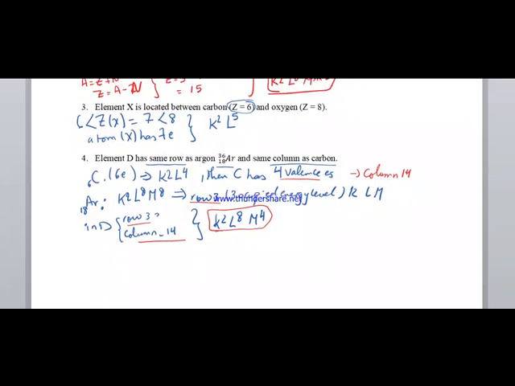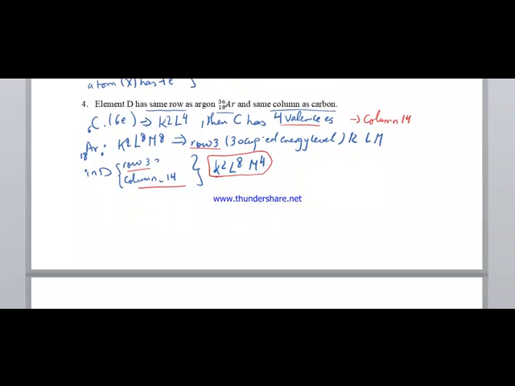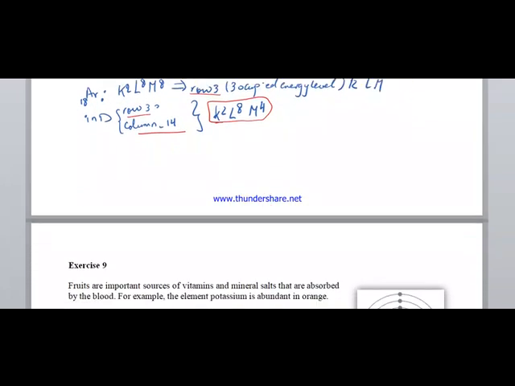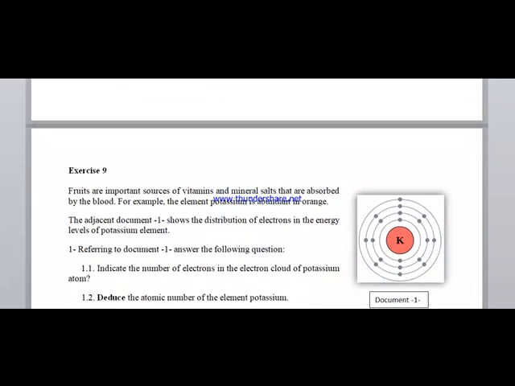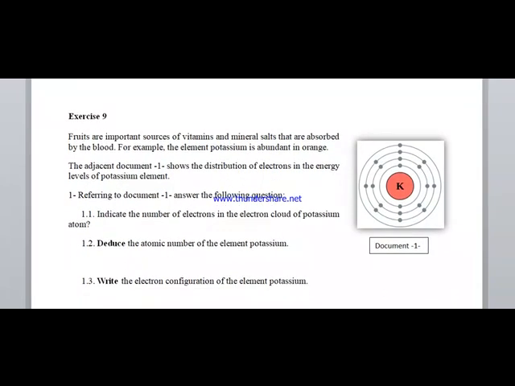We continue to another exercise. Exercise 9, talking about some elements in fruits. The adjacent document 1 shows the arrangement of electrons in the potassium element. We will answer the following questions.